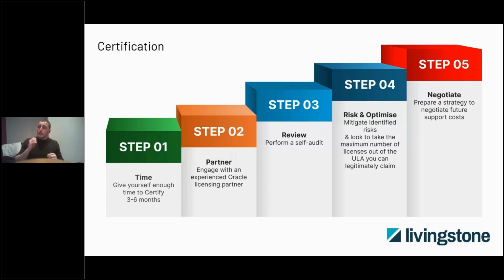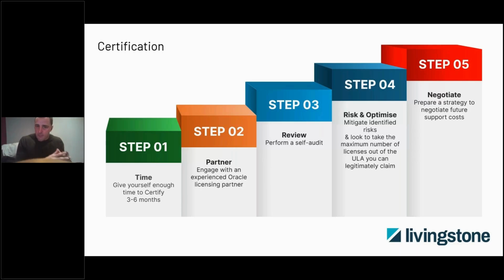Step 4 is risk and optimize. And so we mentioned a little bit about how risk can materialize within a business once they're under the cover of a ULA. And for the vast majority of customers we work with, this is absolutely the case. So we perform that review, and we'll find that they're using products that are not in their ULA on their environment, and in many cases unbeknownst to them.